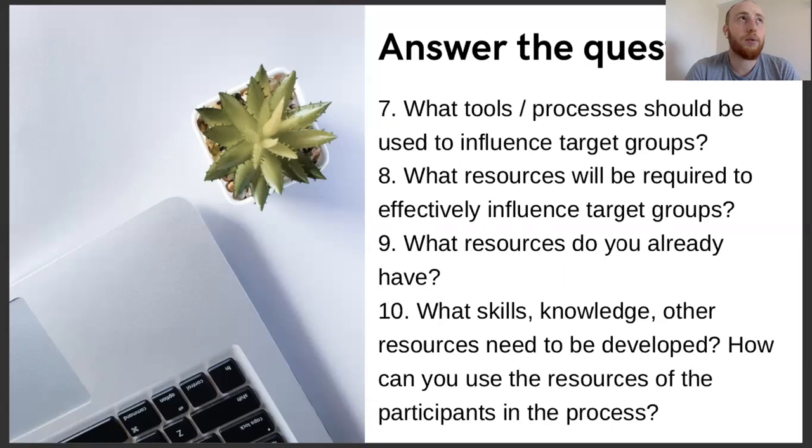And you can also set another group of communicational resources, and just write down everything that will be required in order to implement this program. Then you should ask yourself, or take from this list, the resources that you already have, like mark them with red color or something like this. And then you think of what skills, knowledge, and other resources need to be developed. Probably you are lacking something in order to implement this program.